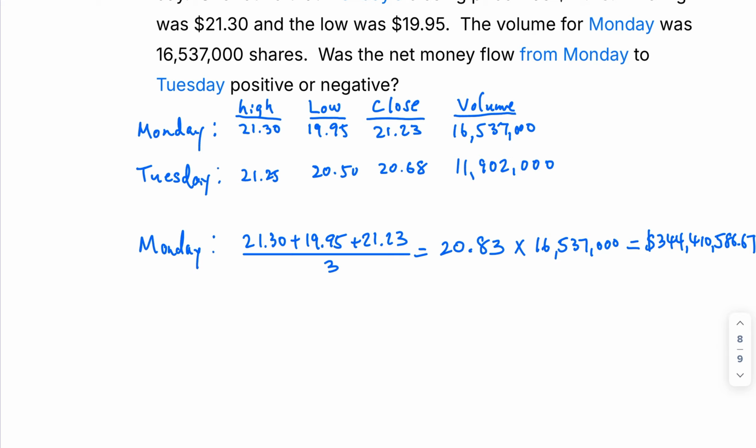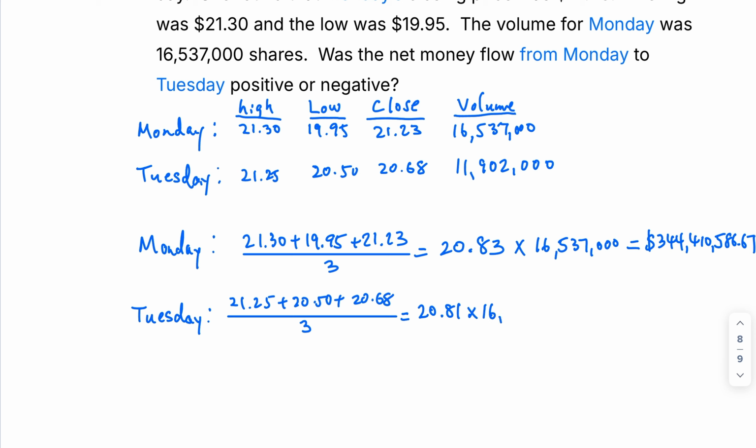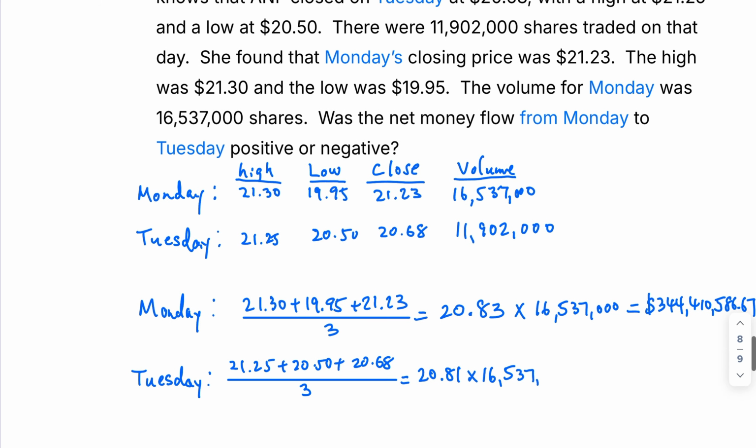And then on Tuesday, we're going to do the same thing again. We're going to take the average of the high, low, and close, and that's going to work out to $20.81. And then we're going to multiply that by the number of shares traded, which was 16,537,000. I'm sorry, not 16 million.